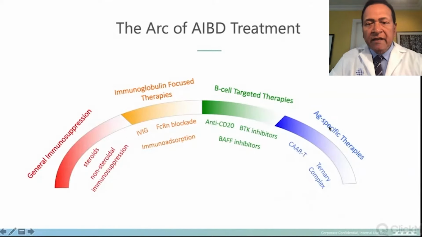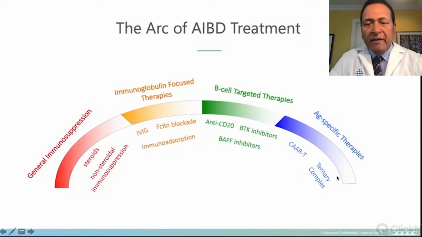And most recently, and ultimately, we want to get to a place where we have antigen-specific therapies. So you might have heard of CAR T cells, chimeric antigen receptor T cells that have been transformed to direct killer T cells to tumor targets. And now that has also, in a twist, been used to target autoantigen-specific B cells. And that therapy is just being developed now.